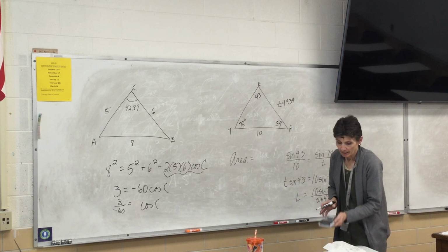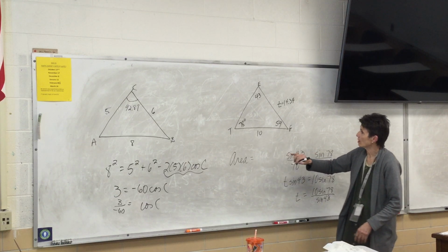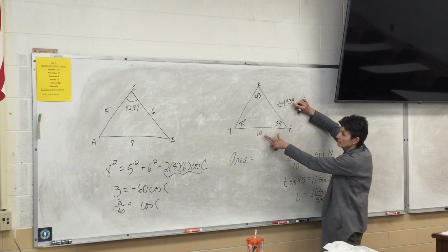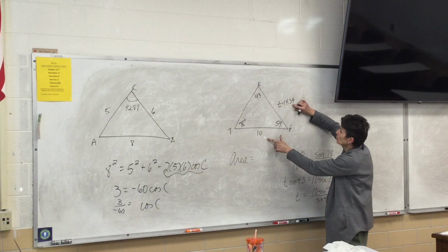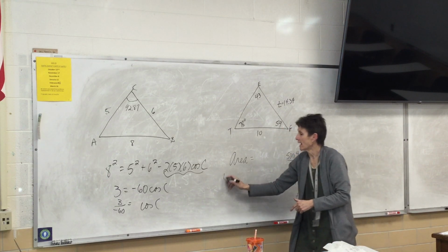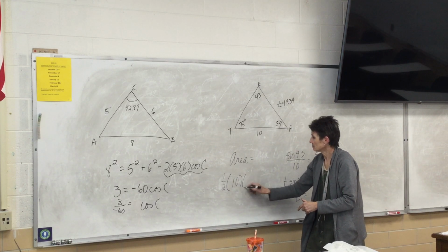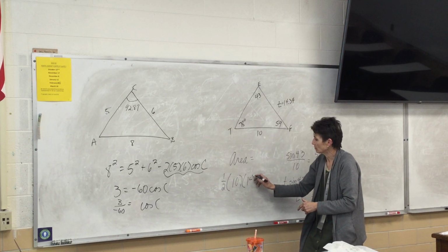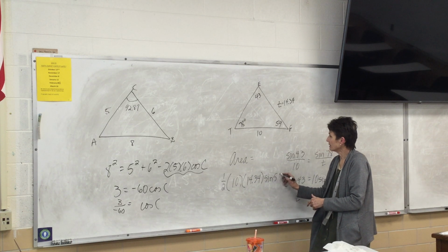Okay, now what's the area of the triangle then? I need the area of the triangle. Well, I now have two sides and the included angle. So my area is going to be 1/2 times 10 times 14.34 times sine 59.